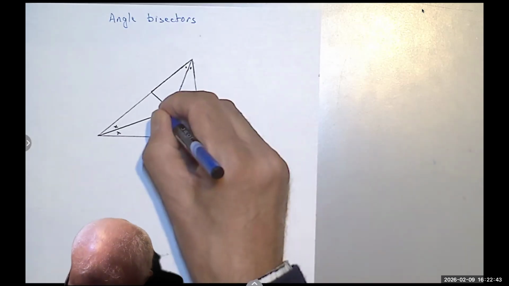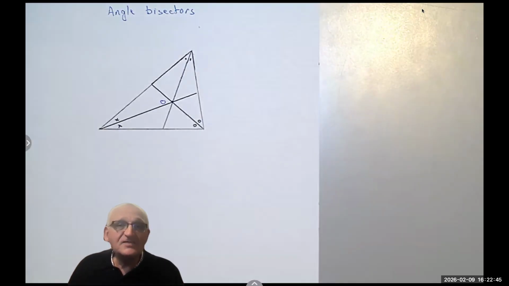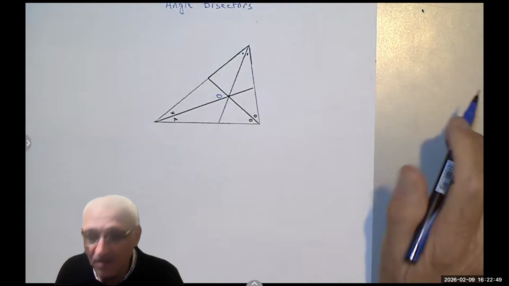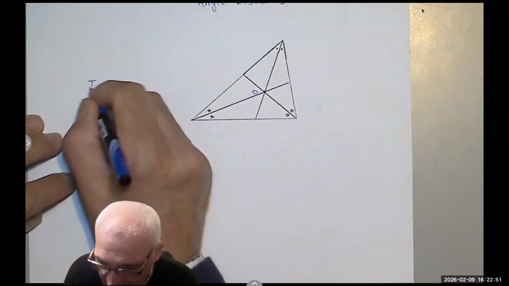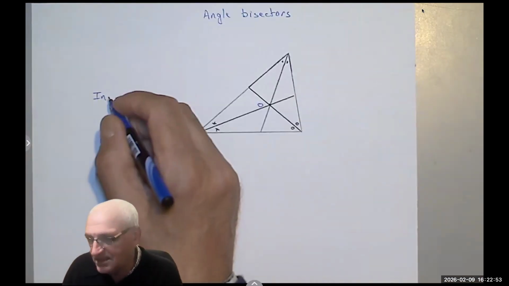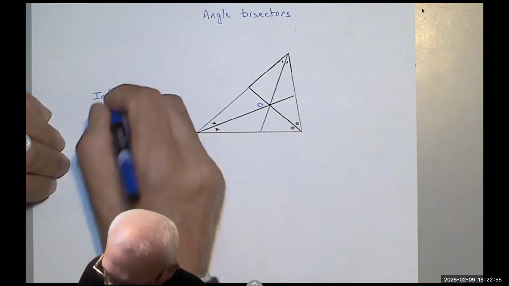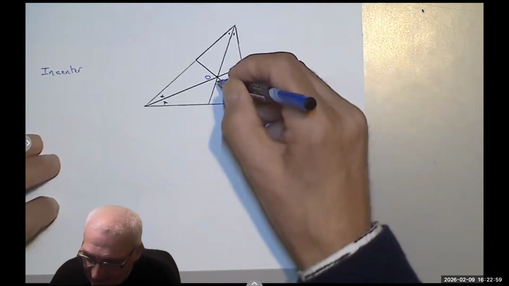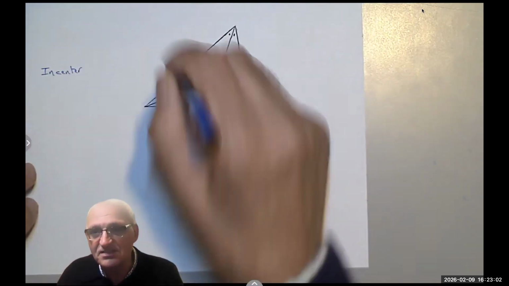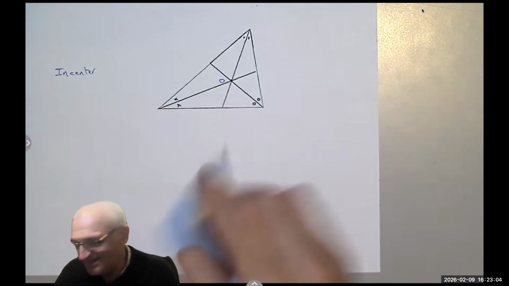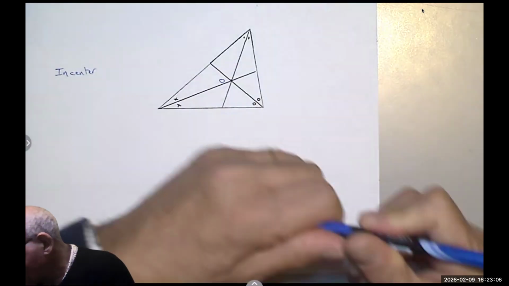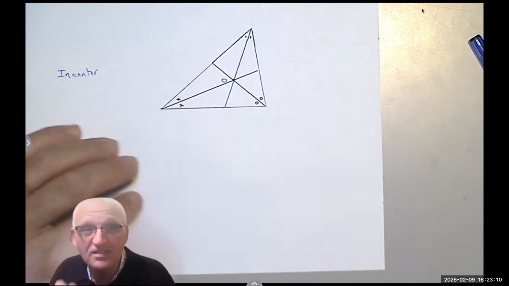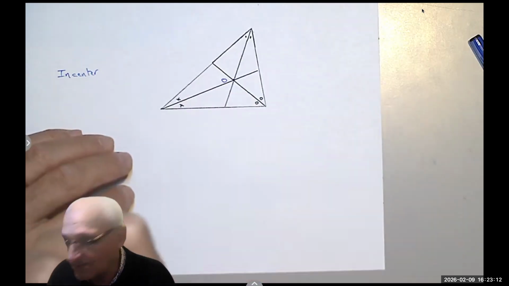Let's call it O. This point O is the center of a circle that we call the incenter. Incenter means it touches, and later you will learn another word for that, these three sides at just one point each.